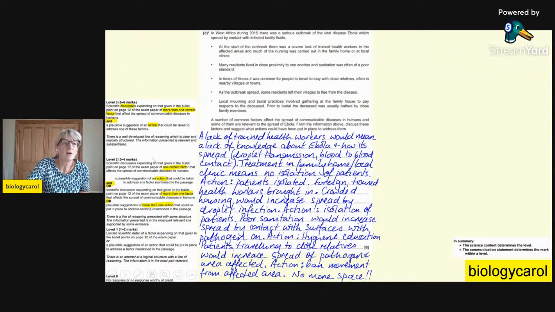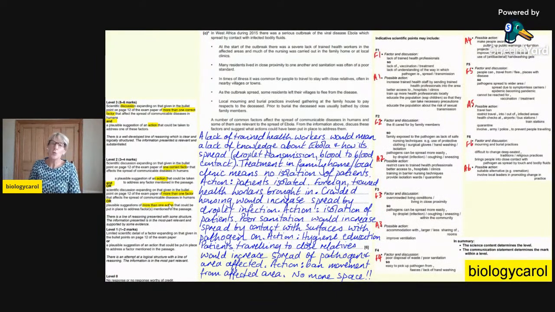This is the 3 or 4 mark one. Notice that you could either have correctly discussed one correct factor and or a plausible action, or you could discuss more than one factor or more than one action. This is a complicated mark scheme to get your head around. Finally, here are all the kinds of things that they were looking for.